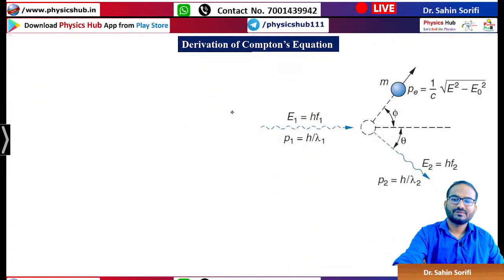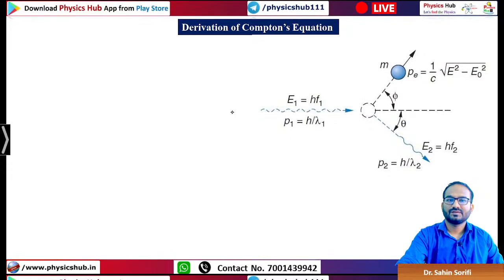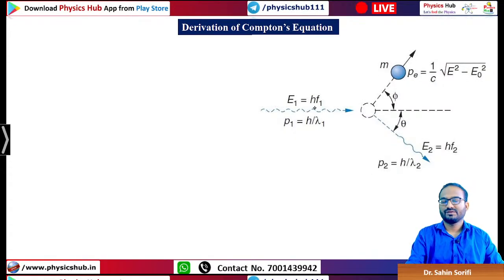You can see in this picture we have an electron which was at rest. We have sent some incident photon, and the electron gets recoiled and the photon gets scattered in this way.